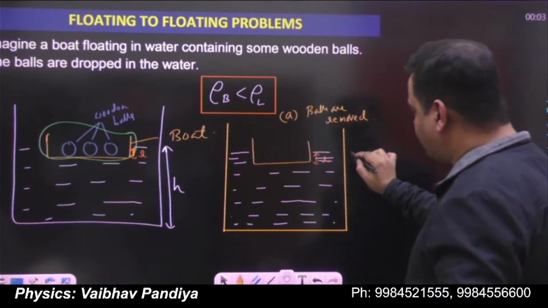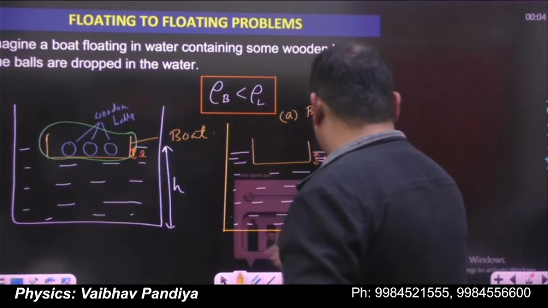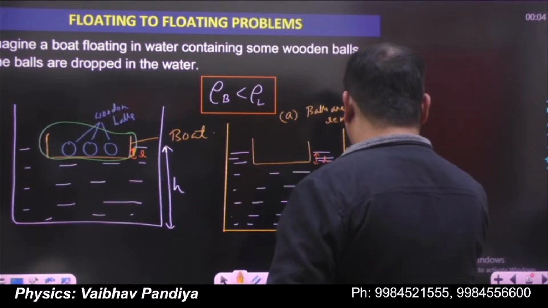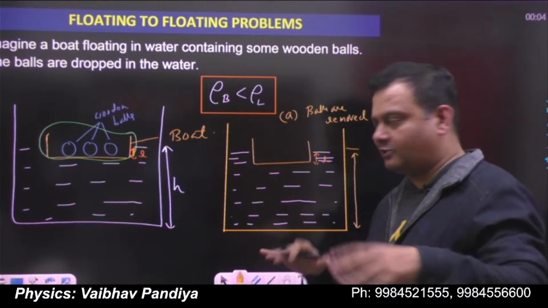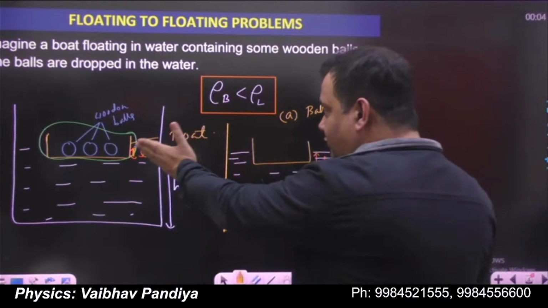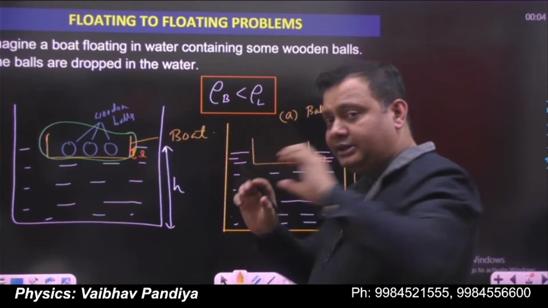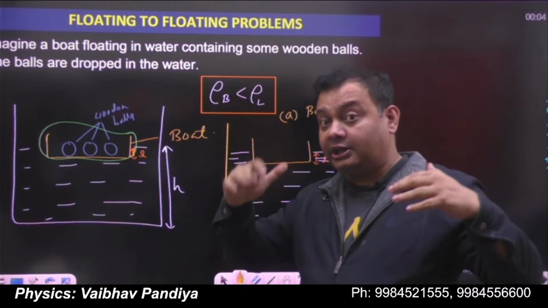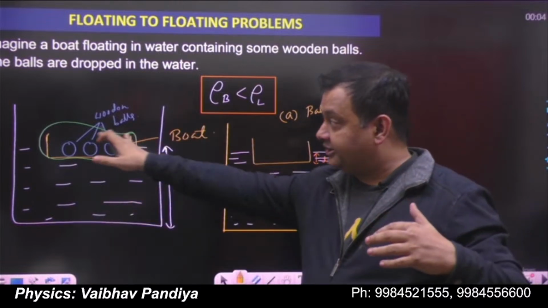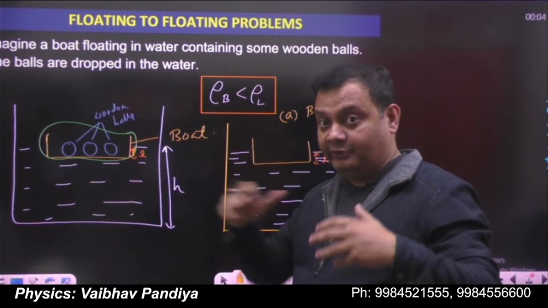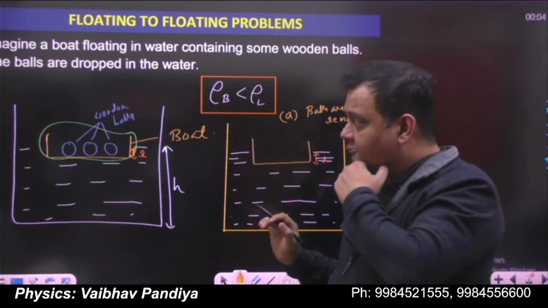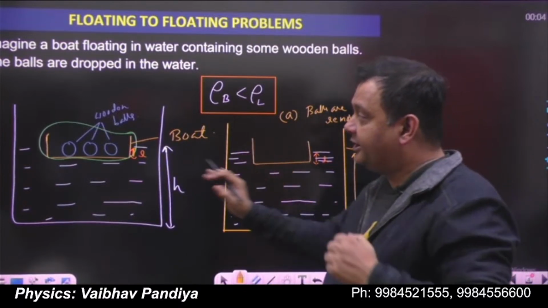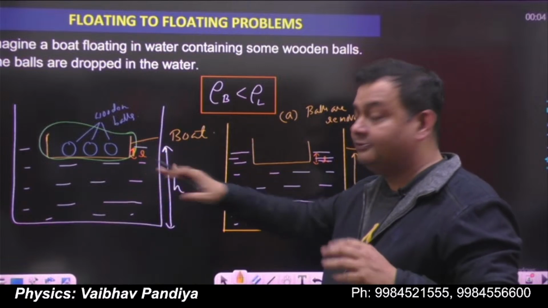Now we have to find what will be the effect on H in this case. Whether the H will increase or decrease or will remain the same. So when you are removing the balls, some volume which was earlier occupied by this system of balls and boat will get free, correct? Some volume of the liquid which was earlier occupied by the balls and boat will get free.